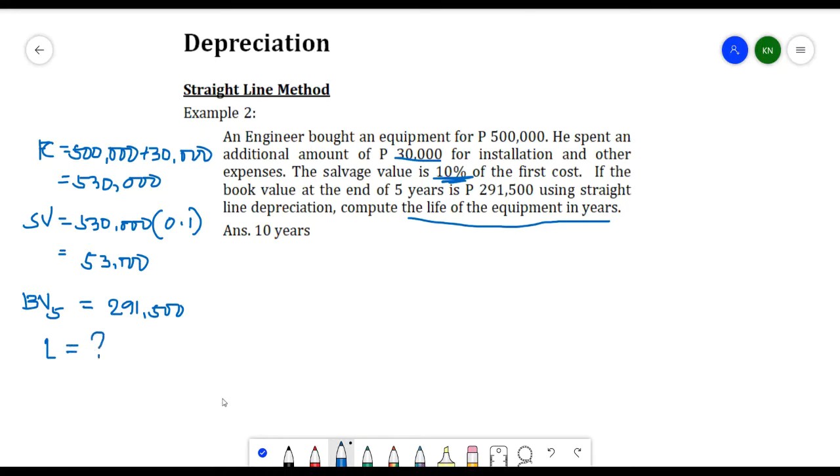In order for us to get our L, we need to make use of the available values that we have here. And as we know, the only formula that we can get L from is D is equivalent to FC minus SV over L. But we cannot get D because we don't have the value of our L, meaning this equation has two unknowns.